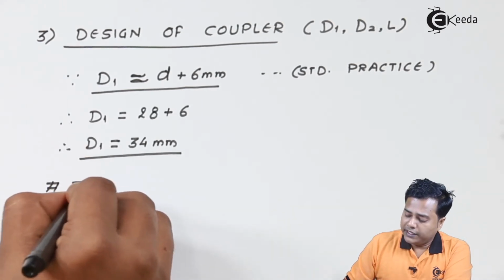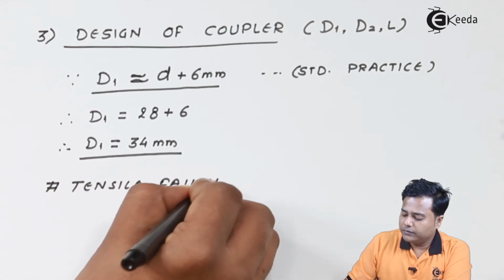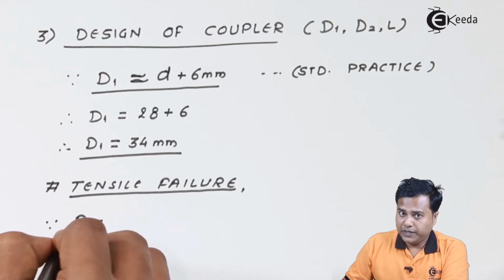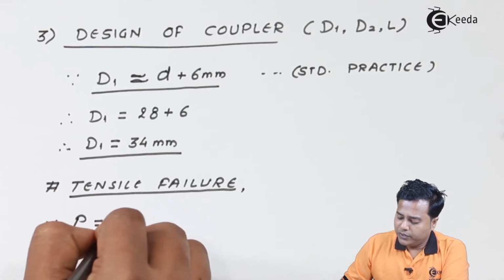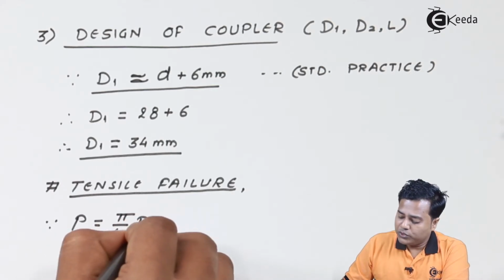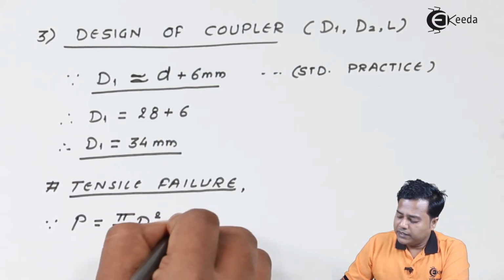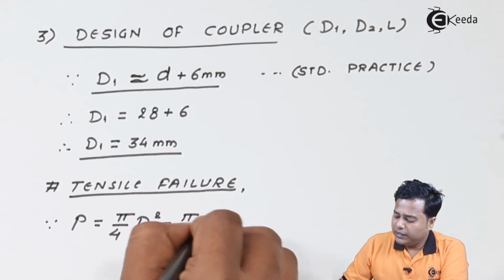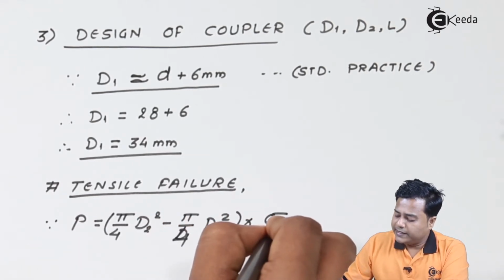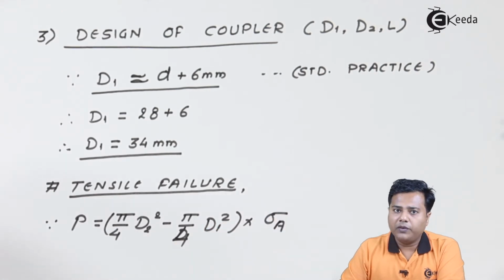So considering tensile failure, we'll get this relation. Tensile failure takes place because of the axial loading, which is equal to the difference between the areas, so the outermost area, d2 square, minus the innermost area, d1 square, of the coupler, into its tensile strength, or you can say the allowable strength.